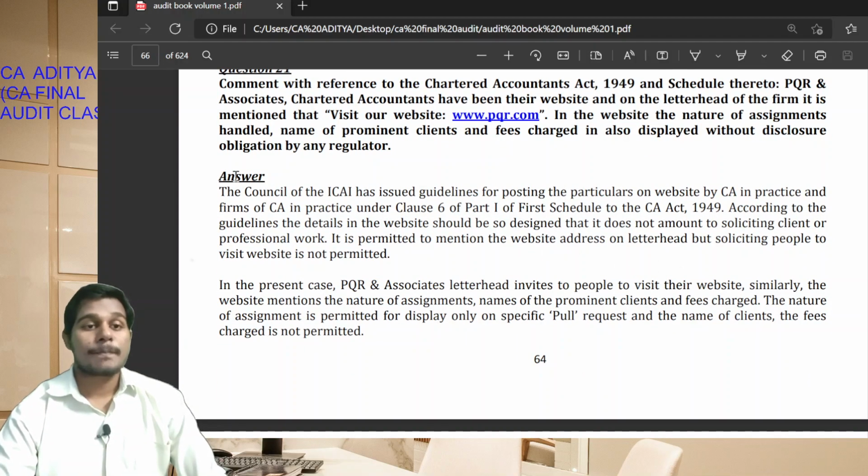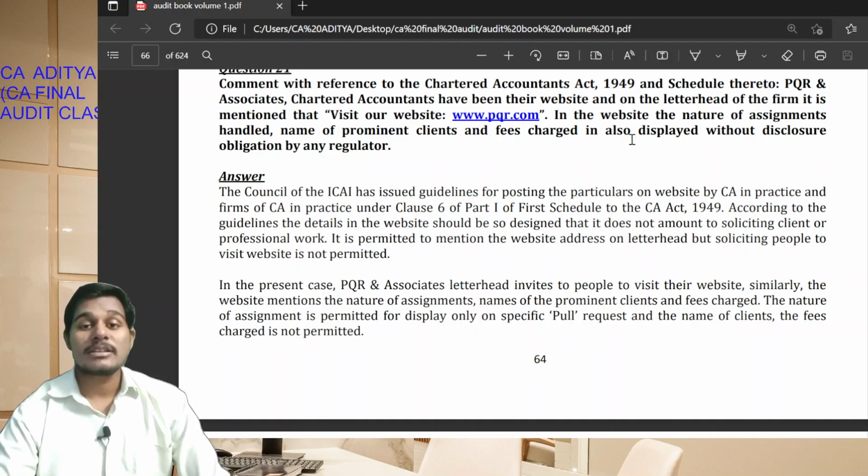See students, PQR and Associates, Chartered Accountants, mentioned on their website and on the letterheads of the firm that their website is pqr.com. On the website, the nature of assignments, the nature of prominent clients and the fees charged are displayed without any disclosure obligation by the regulator. Names of clients and fees charged should not be provided on the website, otherwise it is provided on a pull technology.